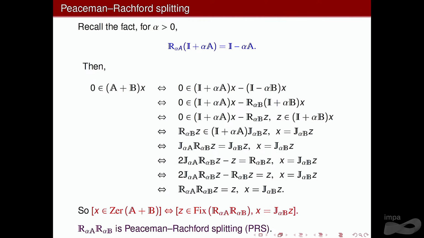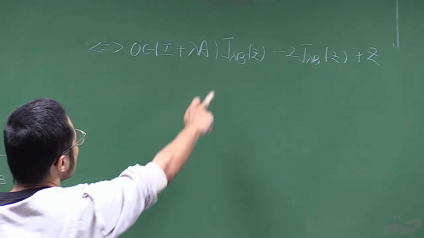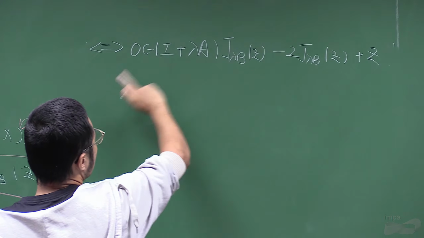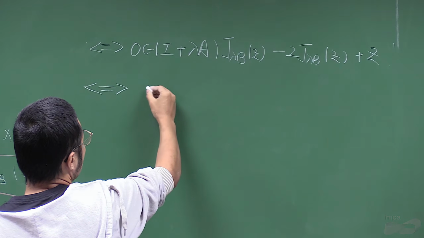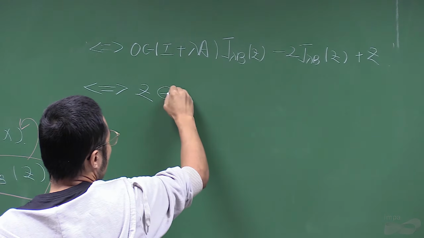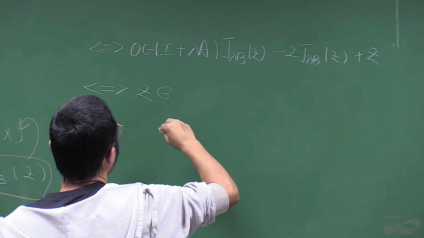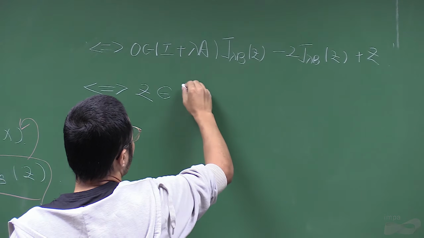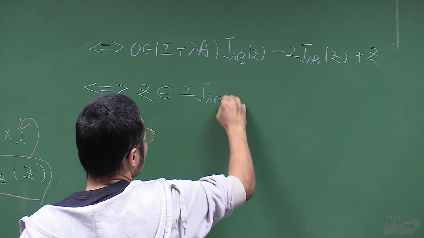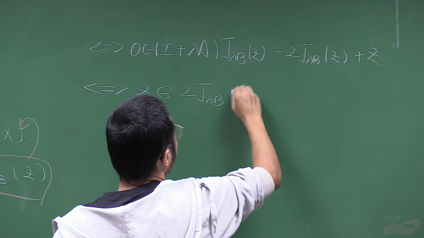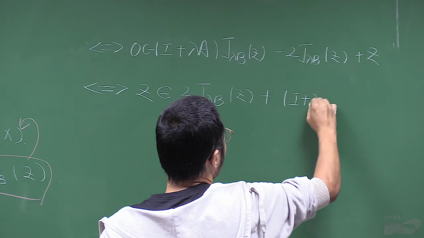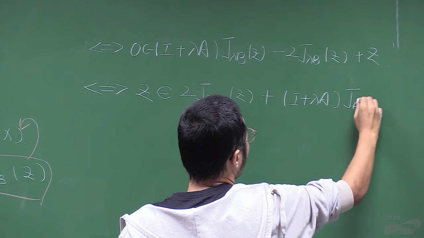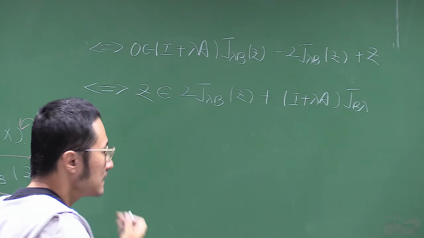And we put this term on the other side. It is equivalent to say z belongs to 2 times the resolvent of B at z, plus I plus lambda A, the resolvent of B at z.